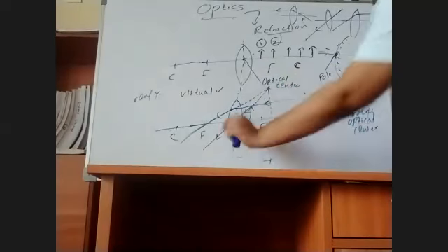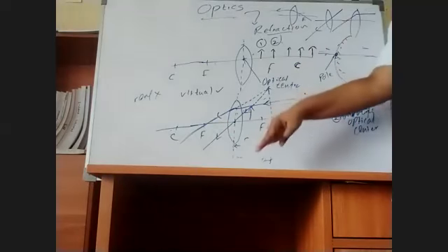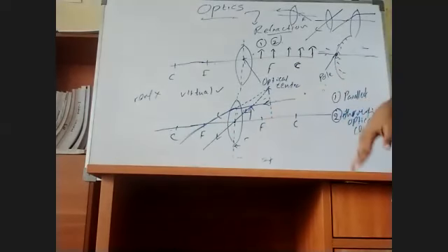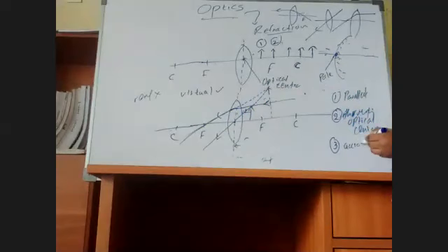When a ray of light is passing through the optical center, they will pass without any refraction. Okay, no refraction will be there. They will refract. Okay, then if we can't determine an image, then what we'll do, we'll pass a ray across the focal length, across the focal point.